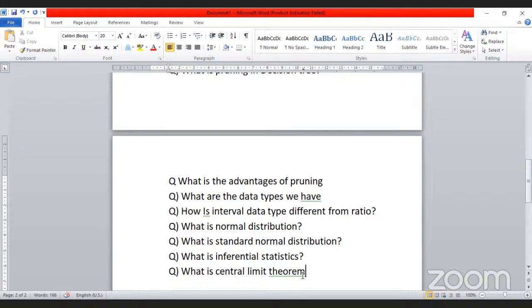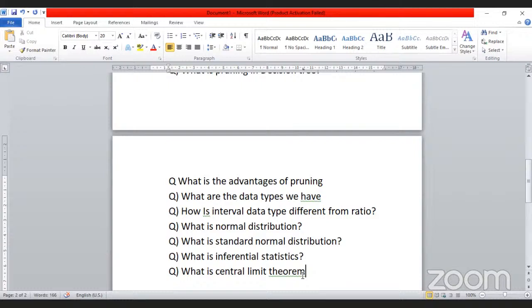CLT states that if you have a population mean mu and standard deviation, and take a sufficiently large random sample, size should be like 30, from the population with replacement, then the distribution of the sample mean will be normally distributed.